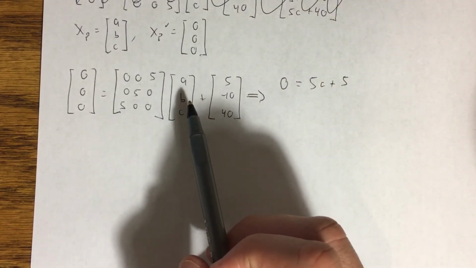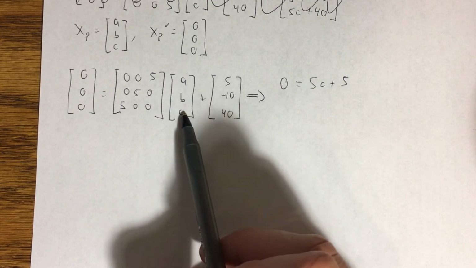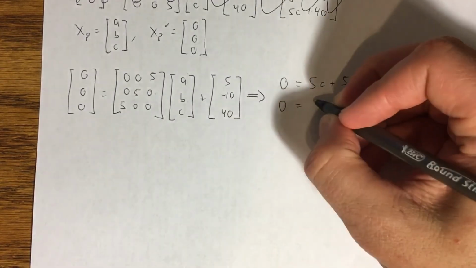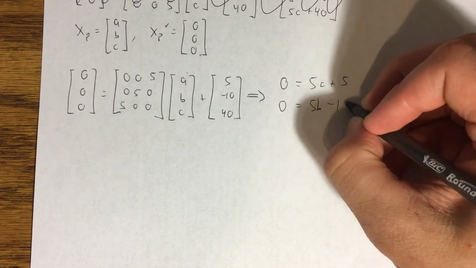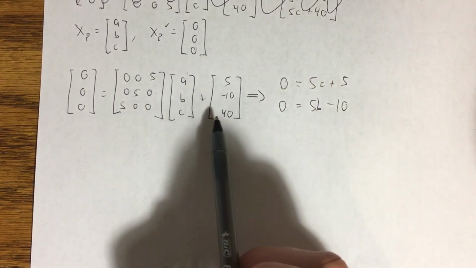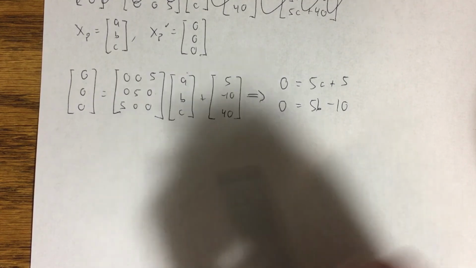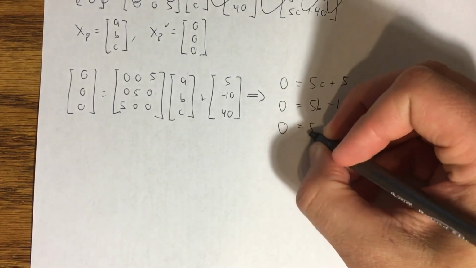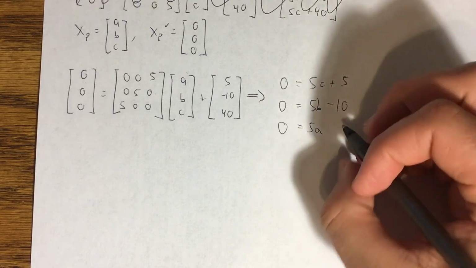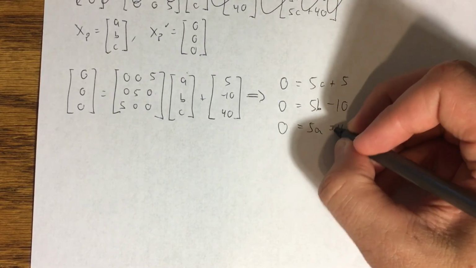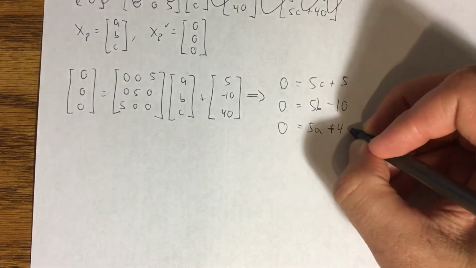And then if I multiply this column matrix to this row, it's going to be 5b minus 10. And then same thing here. If I multiply this column to this row, 0 equals 5a plus 40.